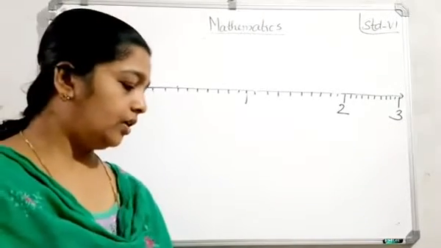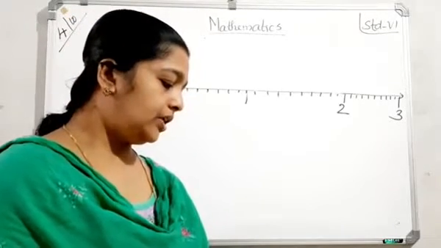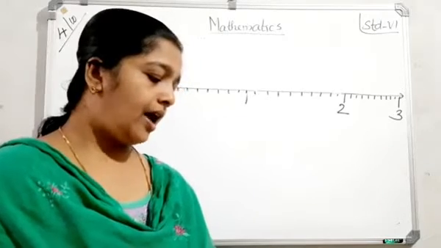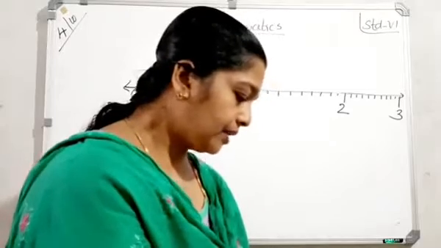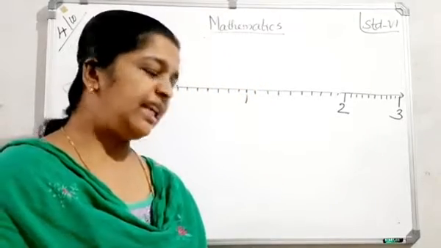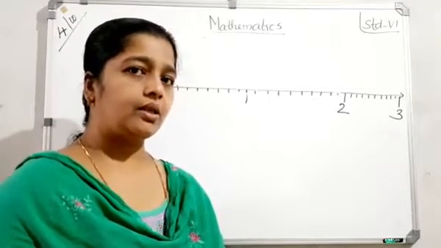Next question. Question number 7, on that page. Between which two whole numbers on the number line are the given numbers? And which of these whole numbers is nearer to the number? So, a simple question.